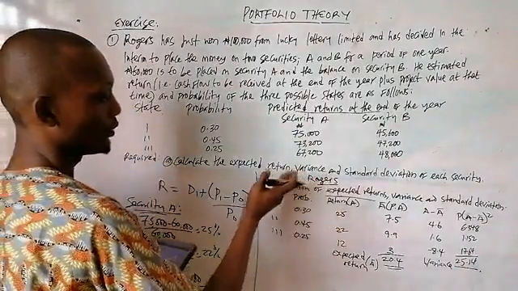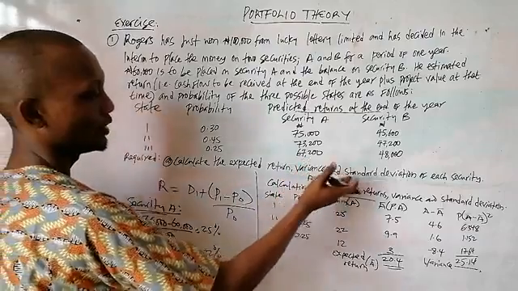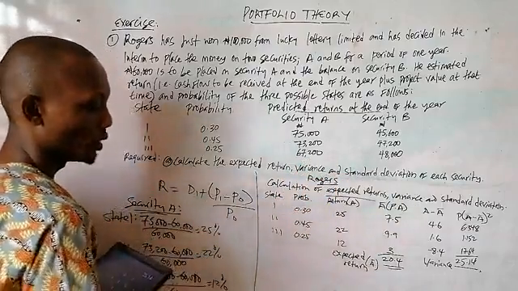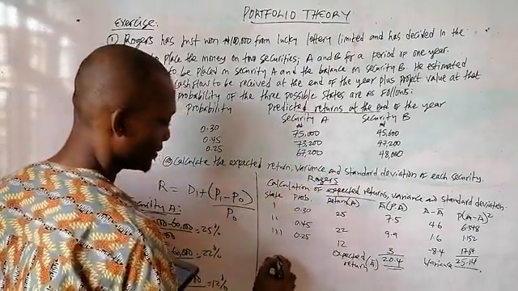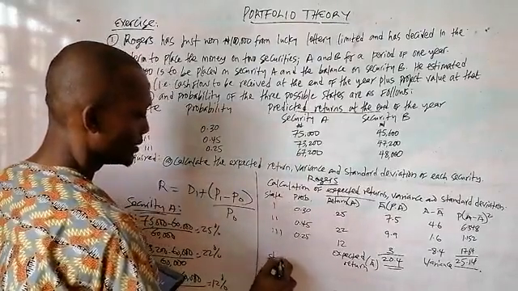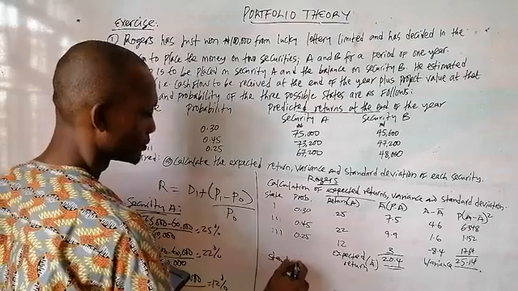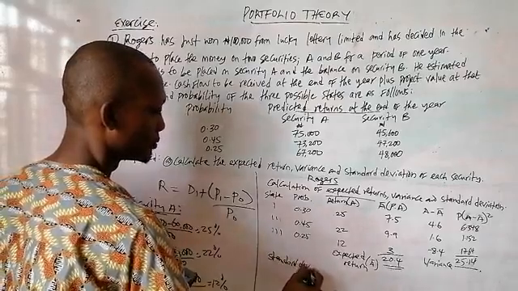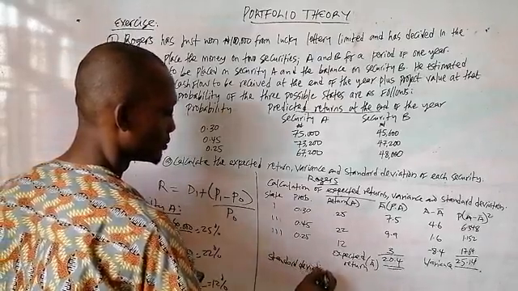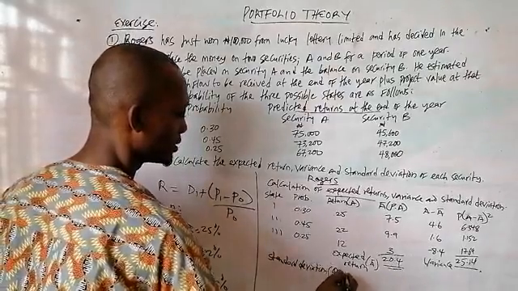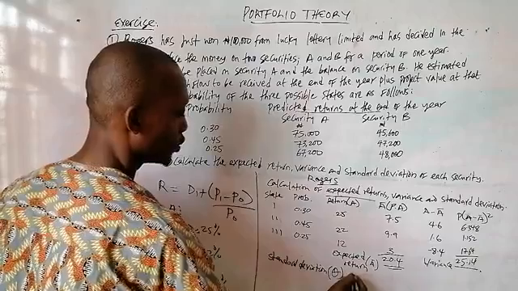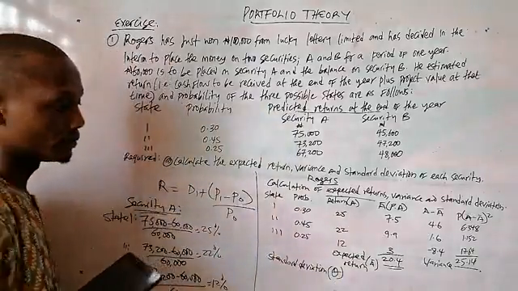And what is next? Standard deviation. You have solved for expected return, you have solved for variance, and now standard deviation. So our standard deviation formula is what? Standard deviation, SD, which you might denote as the square root of variance.